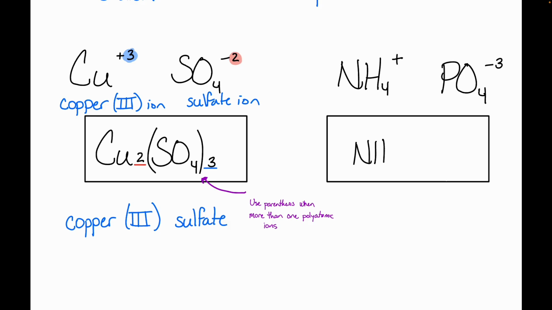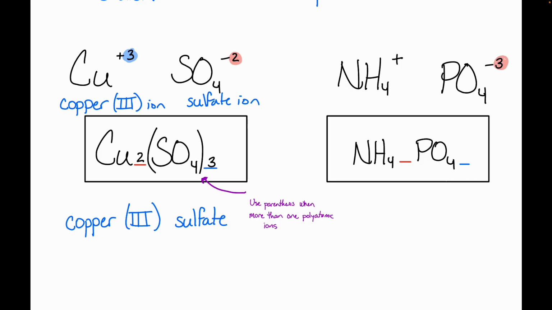So NH4, how many do I need? PO4, how many do I need? So how many of those NH4s do I need? I need a total of 3.